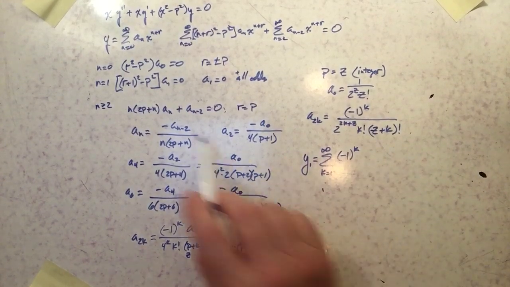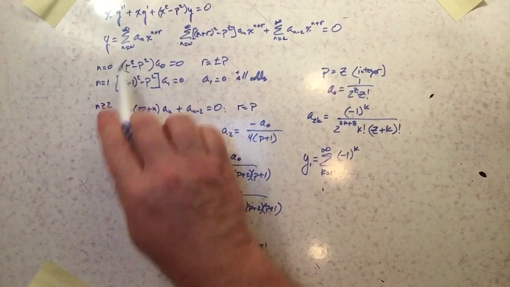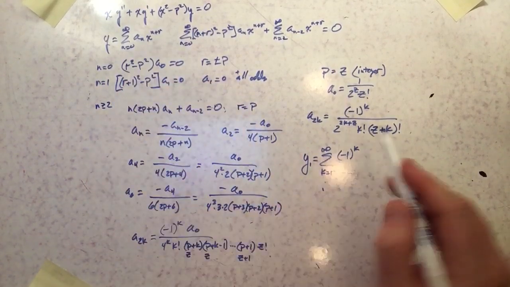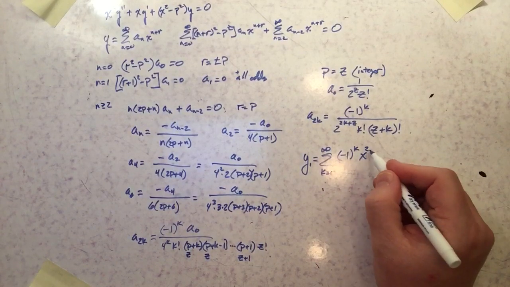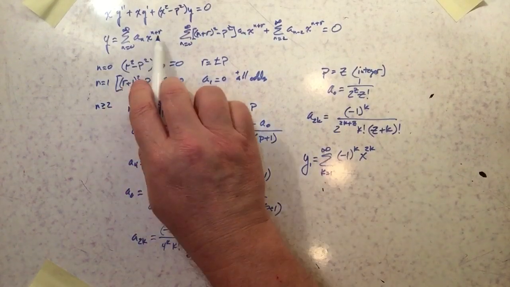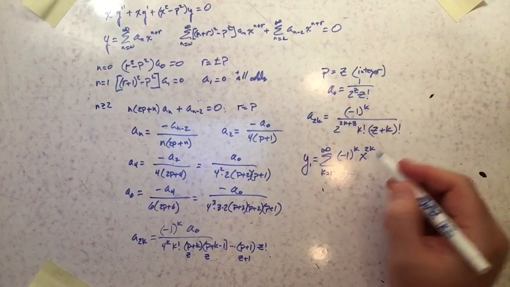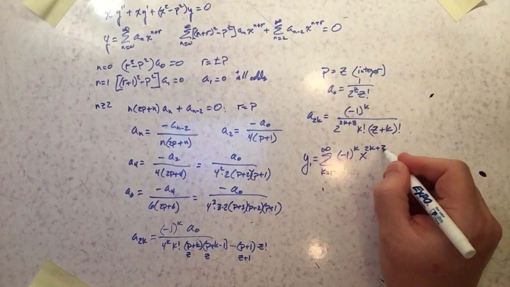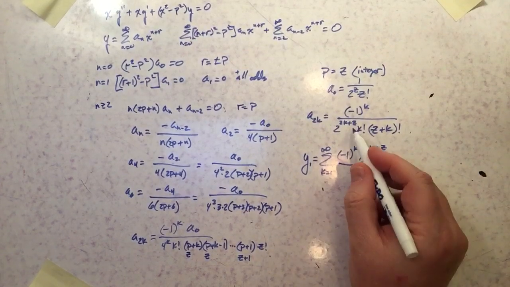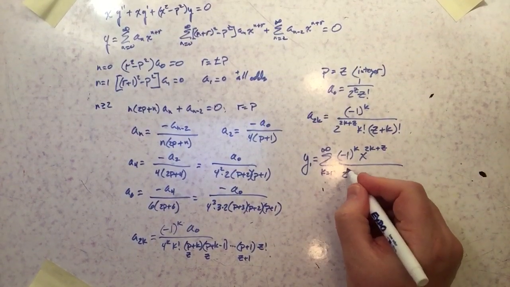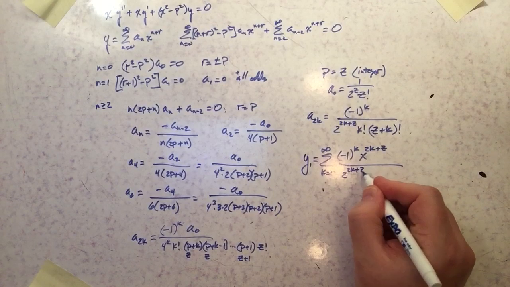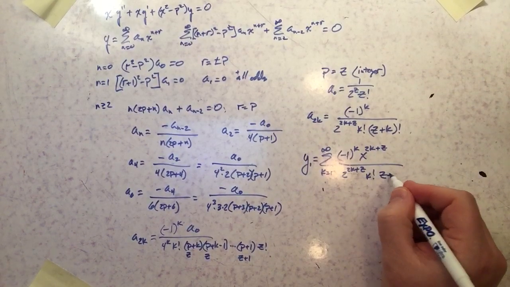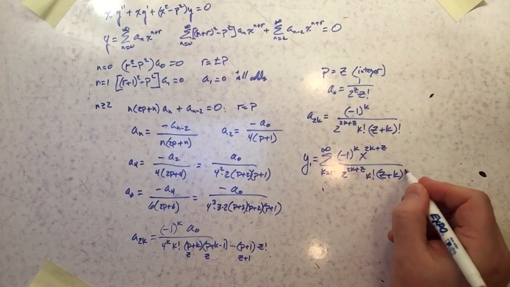Now, when we consider x, remember, we only ended up with even powers, so we can't use odd x's. It's x to the 2k plus r, so that's plus z, because r was p, and p now is an integer. And then the denominator is 2 to the 2k plus z, k factorial, and z plus k factorial.